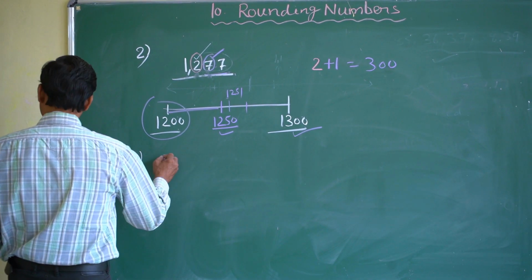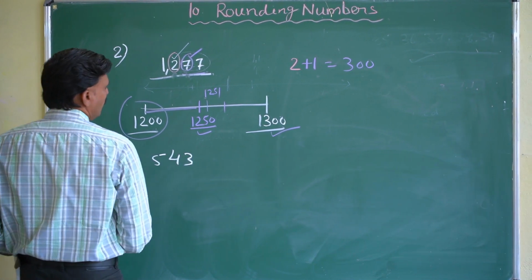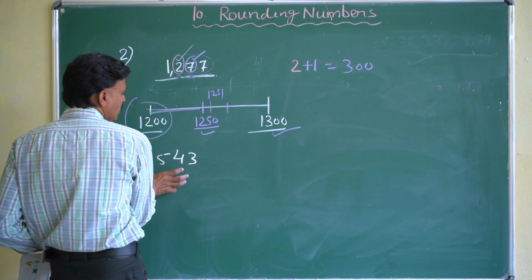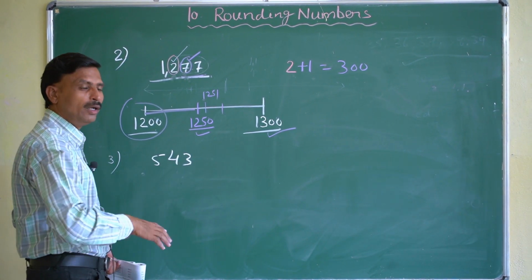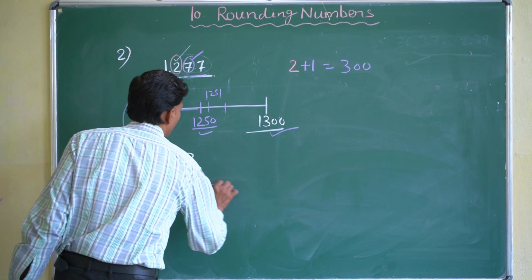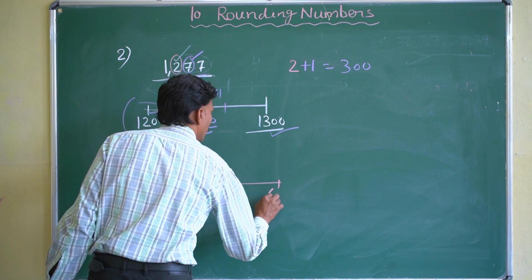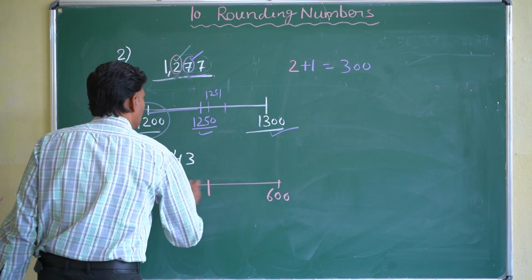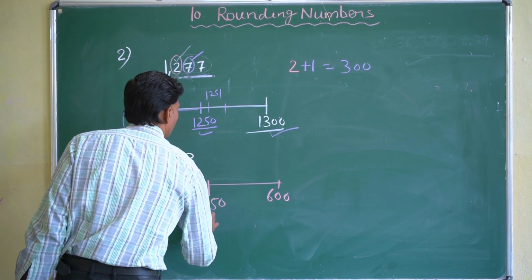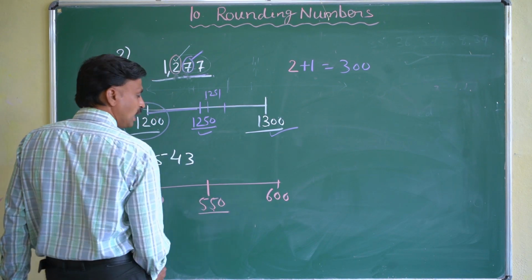The third one: suppose 543, when we round off, will it be near to 500 or 600? See the number line, this is 500 and this is 600. We have to find whether it will be near to 500 or 600. In the middle, what will come? 550. As per the rule, here we'll see the 10s place digit.